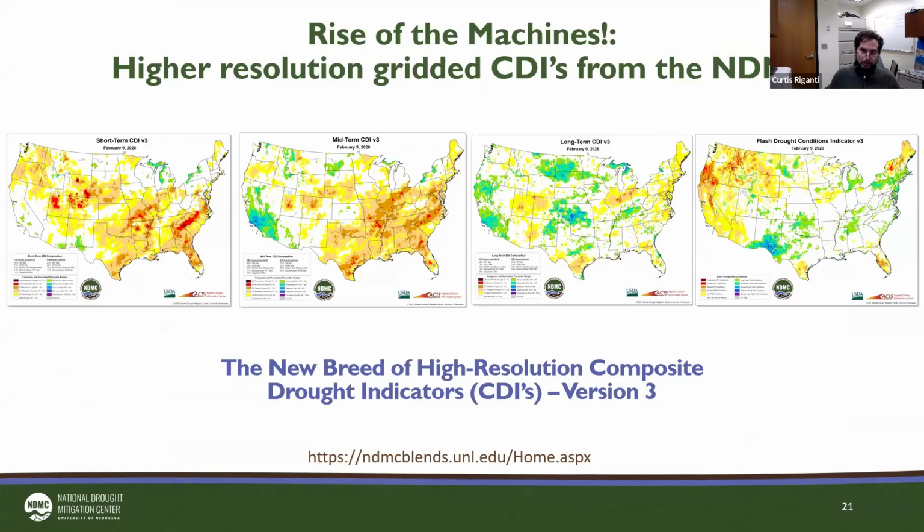is working on these combined drought indices or blend data.